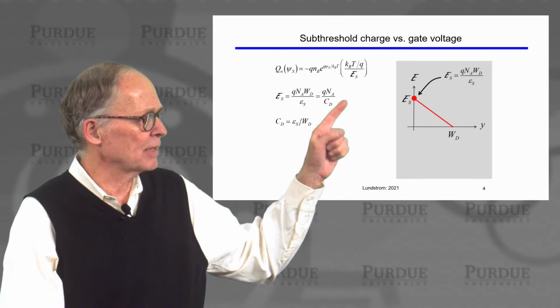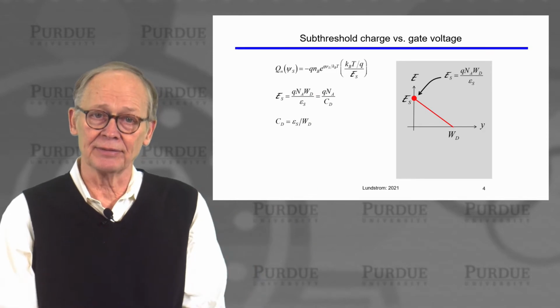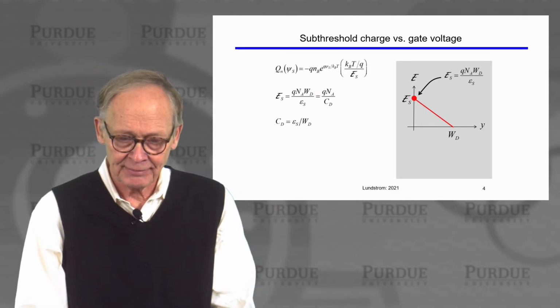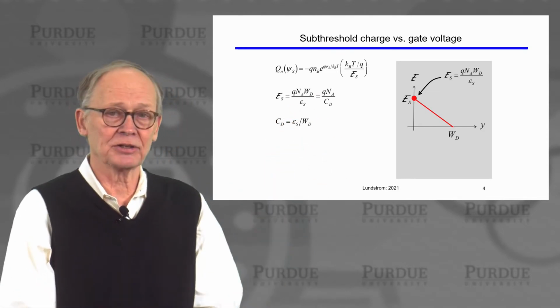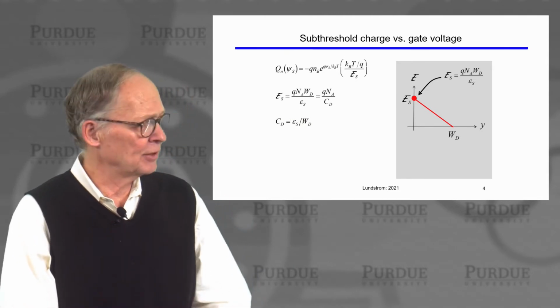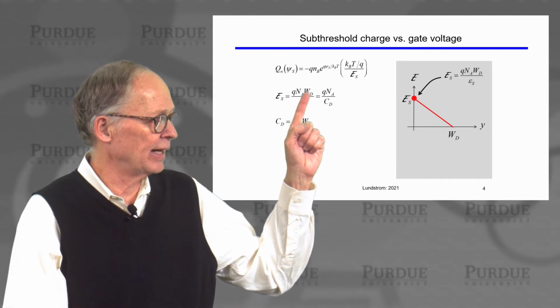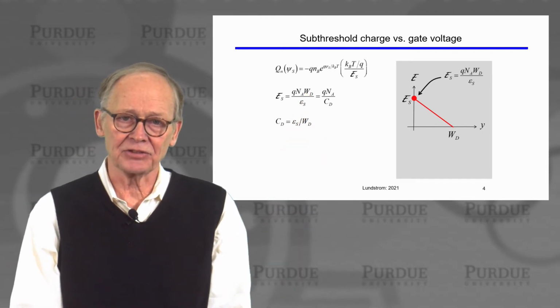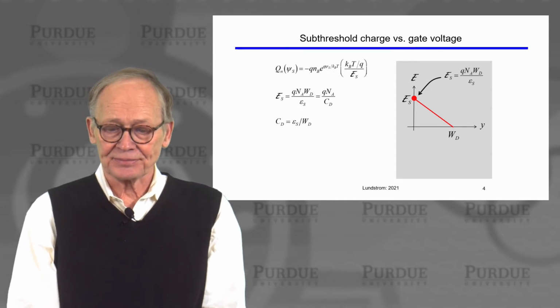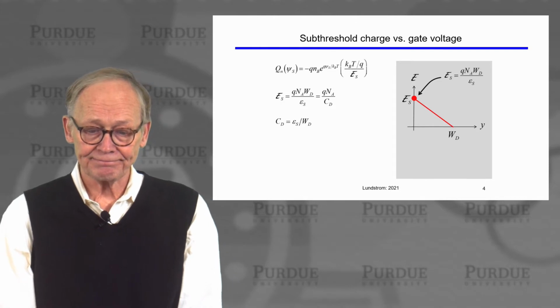So we'll begin with the expression for the mobile charge as a function of surface potential that we developed in the previous lecture. We're below threshold, so we'll use our depletion layer theory for the surface electric field. And we can recognize that dielectric constant of the semiconductor divided by the depletion depth in the semiconductor, that's the depletion capacitance in farads per square centimeter.